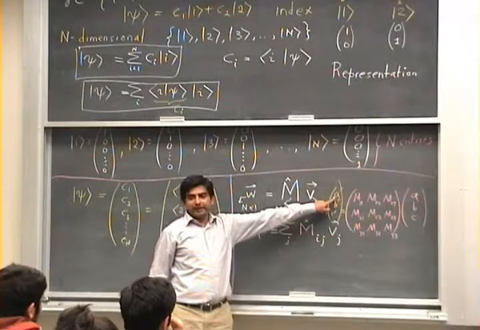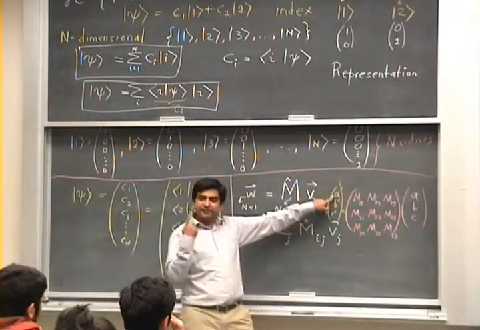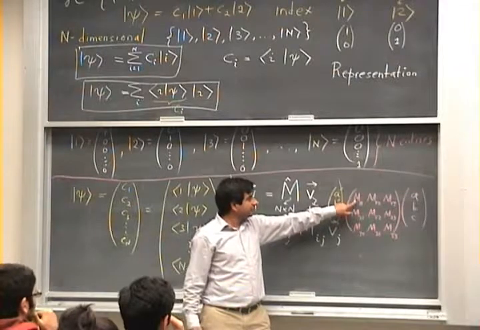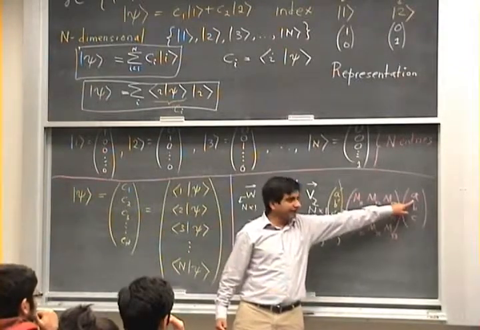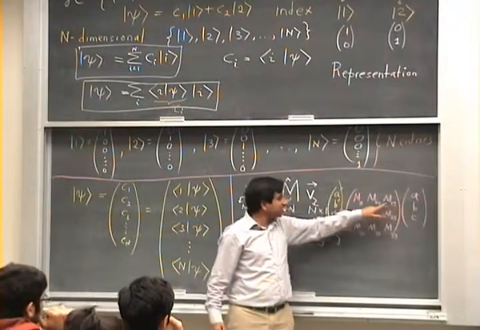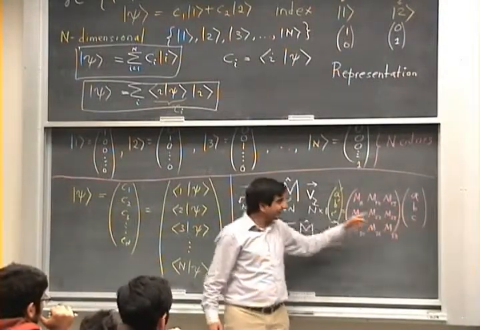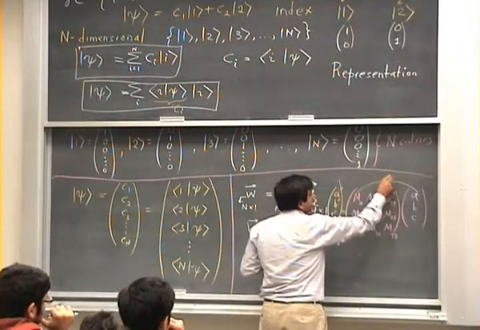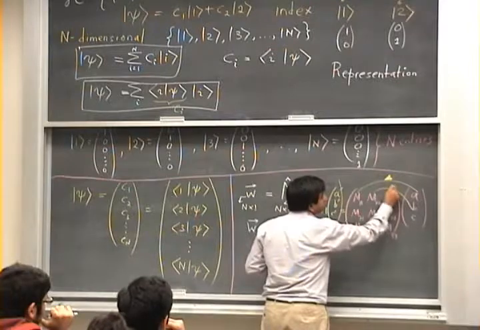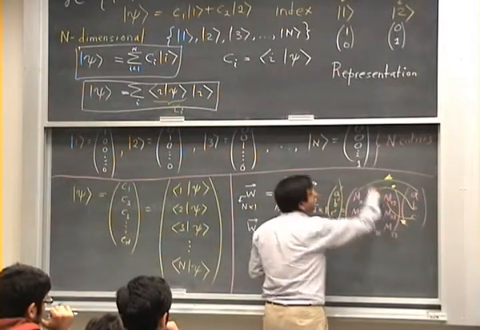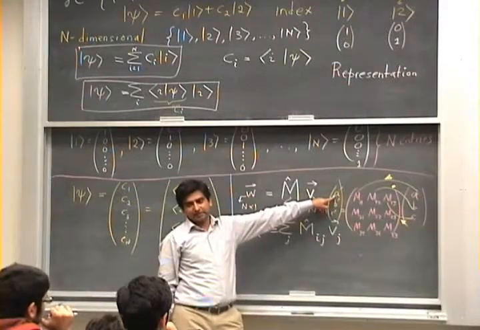Now how do I compute A dash? A dash is the first row. So I take the first row of the matrix, multiply M11 by A plus M12 by this element, M13 by this element. So I multiply this with this, this with this, and this with this, and then add. I get the first entry here.